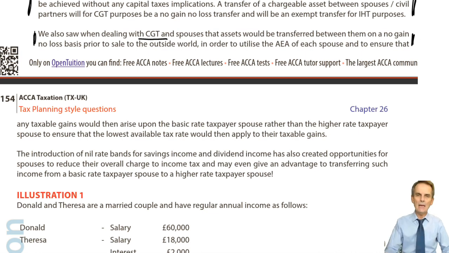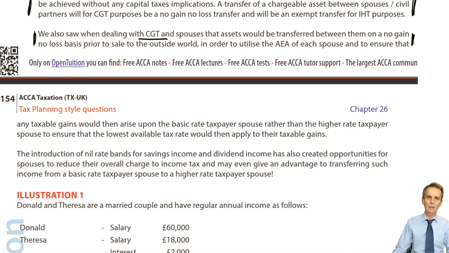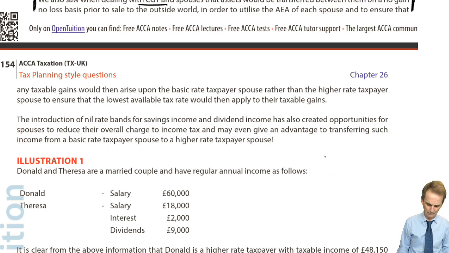We could change it from maybe a CGT rate of 20% to 10%, or maybe 20% down to 0%, because like we have a personal allowance in income tax, a level of tax-free income, so too do we have an annual exempt amount in CGT, a level of tax-free gains. But we'll see more about that, of course, when we look at Chapter 12.